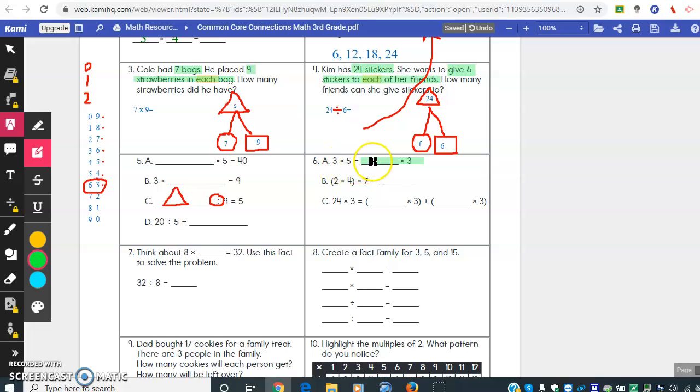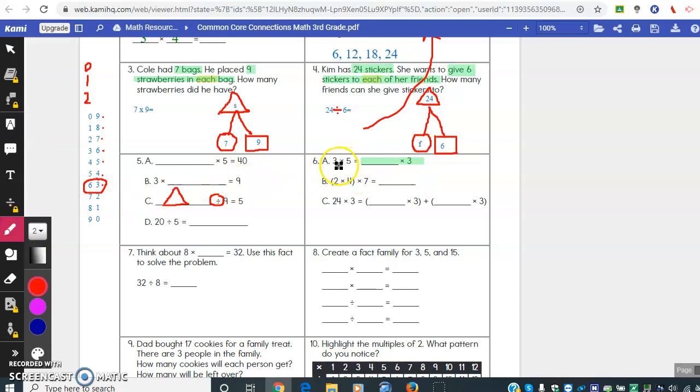If you tell me that a 15 goes here, then you're telling me that 3 times 5 is the same as 15 times 3. And no, it is not, because 3 15s make 45. And 3 5s make 15. That is not the same thing. So what you need to look at really carefully is this part where it says 3 times 5 is equal to blank times 3. They want you to use the commutative property here, you guys. All they're doing is switching them.